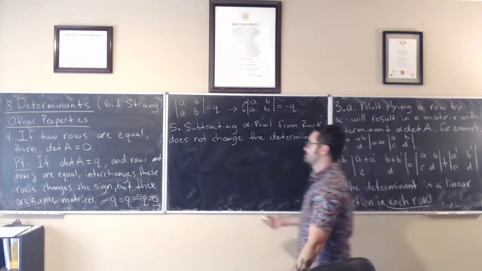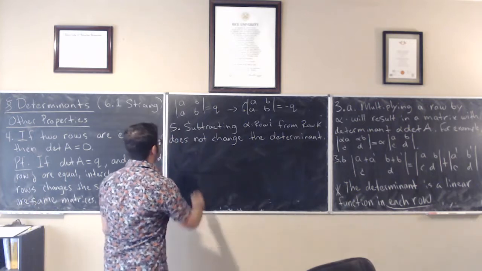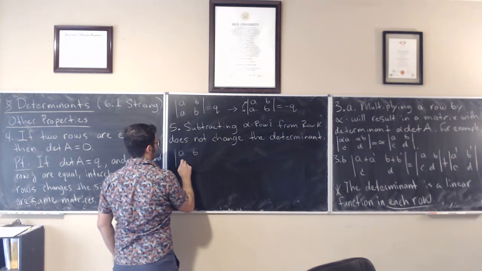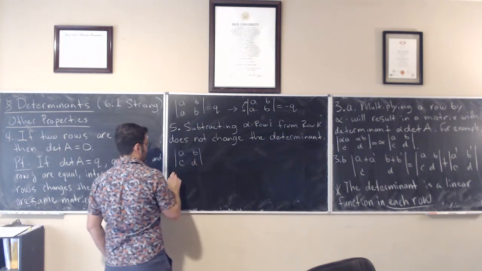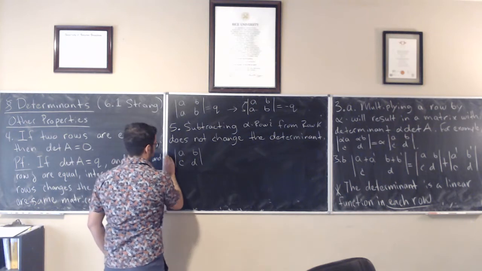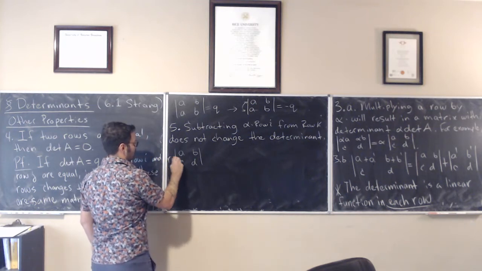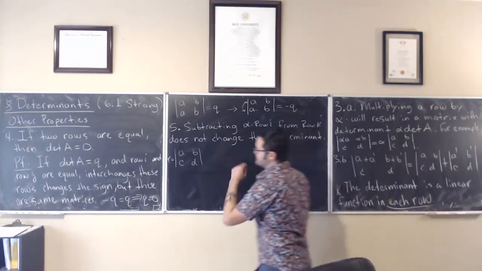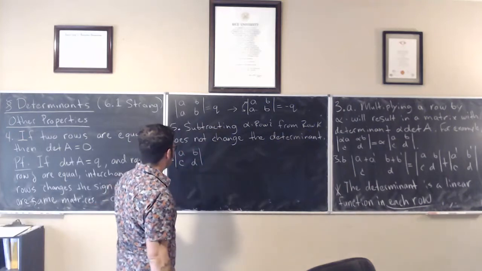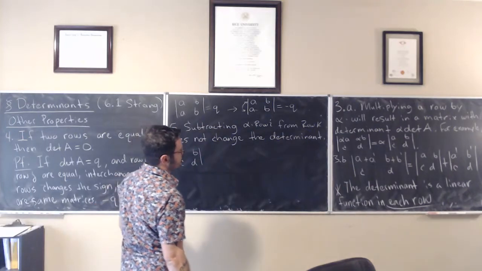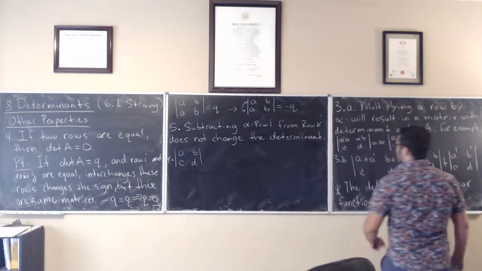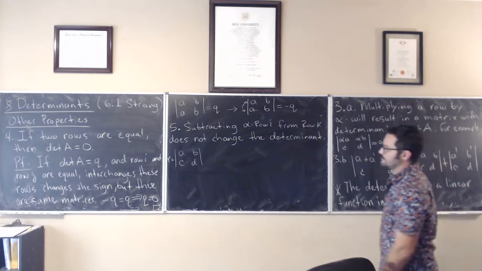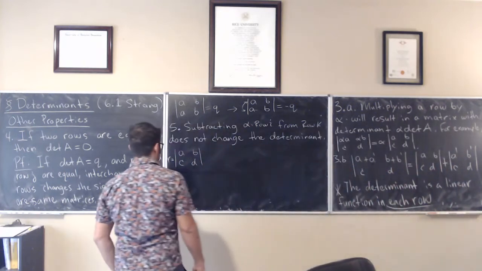Right, so maybe just for example, let's see if we can verify it for the 2 by 2 case. So suppose we're taking the determinant here, and suppose that determinant is equal to like R or something, some number R. I didn't use K because I used row K here, but whatever. So suppose that equals R. So then if we multiply a row and then subtract it from another row, what is this going to be?